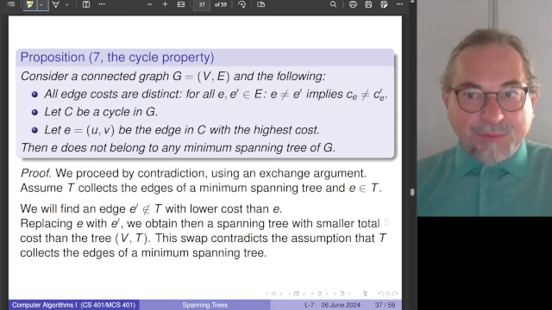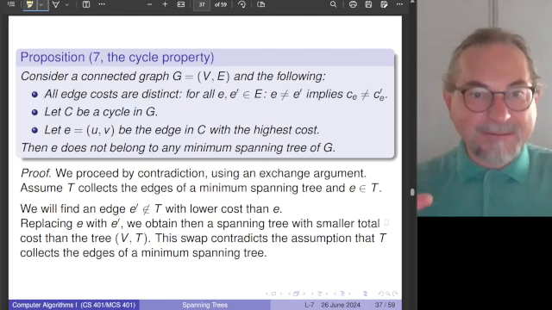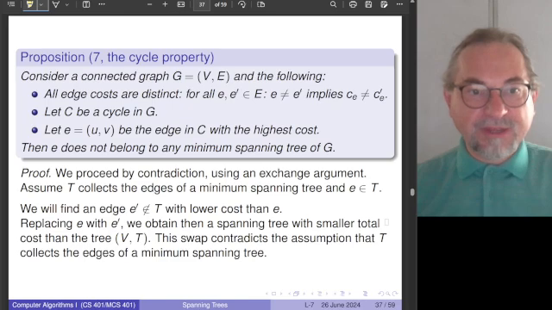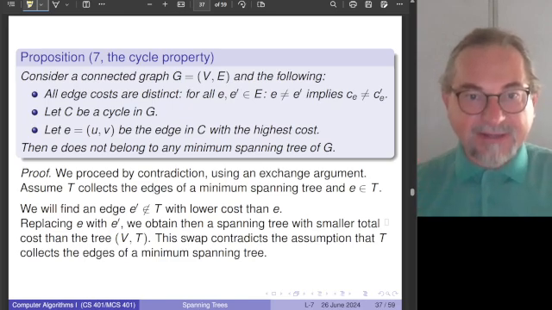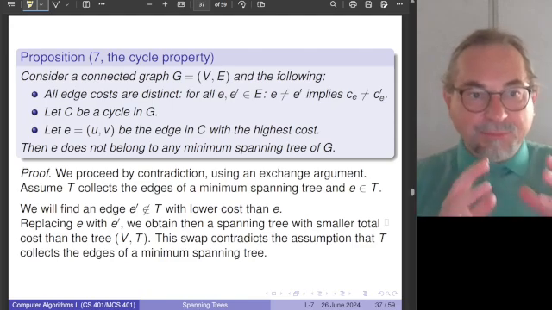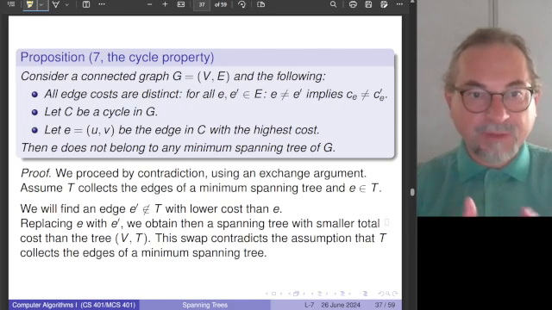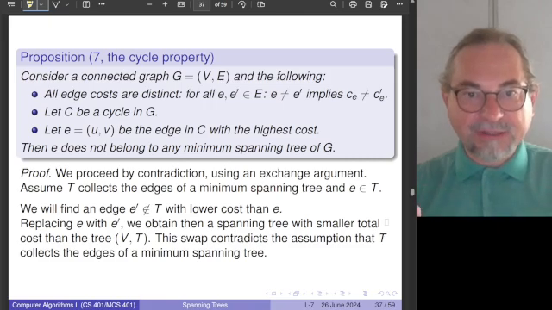The cycle property kind of mirrors the cut property. I will be using the very same picture, also using the very same style of proof, proceeding by contradiction, and we will expose the error in the assumption using an exchange argument.